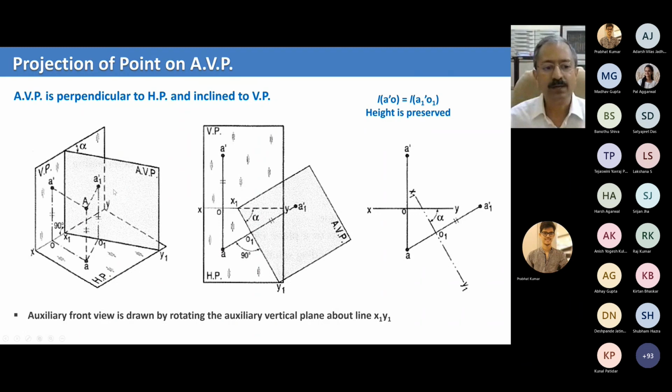In other words, your OA dash and O1 A1 dash distance has to be the same. Both represent the height of point A above the horizontal.